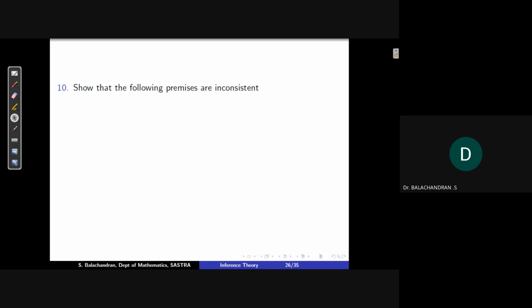Next problem, show that the following premises are inconsistent. Actually here they will give some sentences. From the sentences you need to form the formulas, and then after the formulas you should show that this is inconsistent. If Jack misses many classes through illness, then he fails in high school.